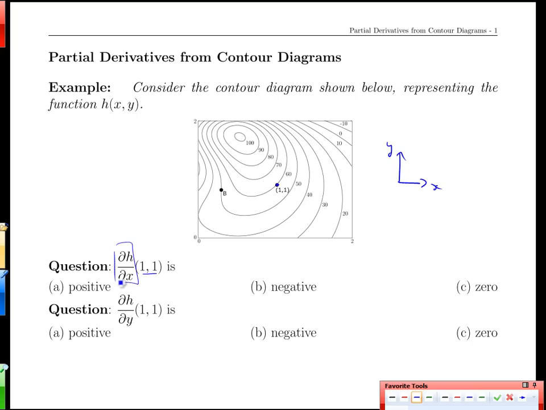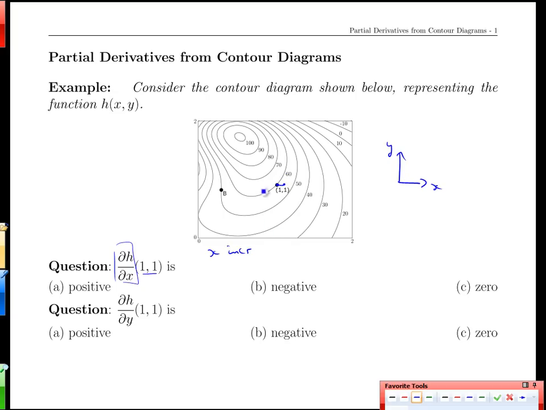Remember how this all gets derived. When we're looking at the partial derivative of a function with respect to its input, we always ask the question, what would happen if the variable we're differentiating with respect to was increased? In other words, what if we took a super small step from the point we're at to a point to the right, if that's the direction of positive or increasing x?